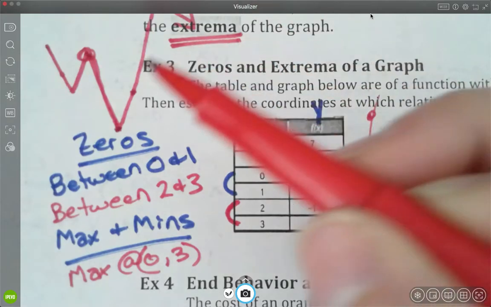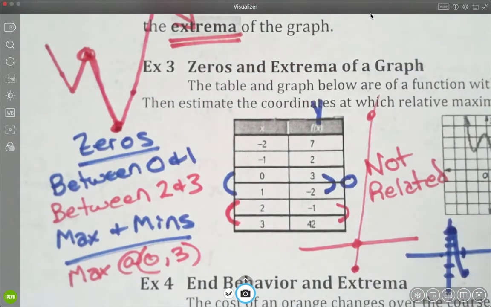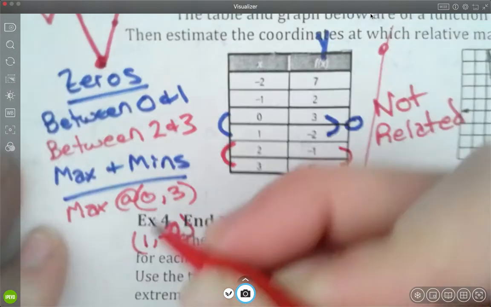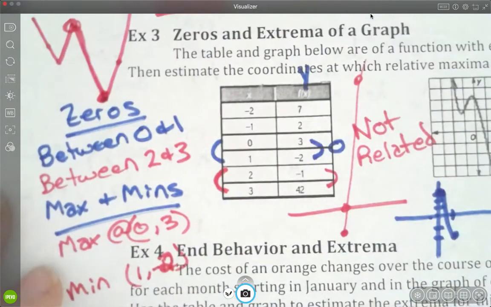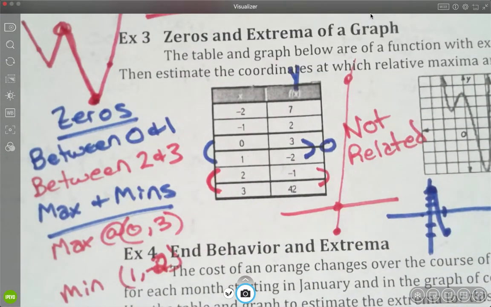Where? 1, -2. 1, -2 is where my minimum is located, right? It's a low point. So just think about what that graph is doing. Like he's high and then he goes low and then he goes back high again. Well, that means he's going to have a low point, right? So think about what that graph is doing.